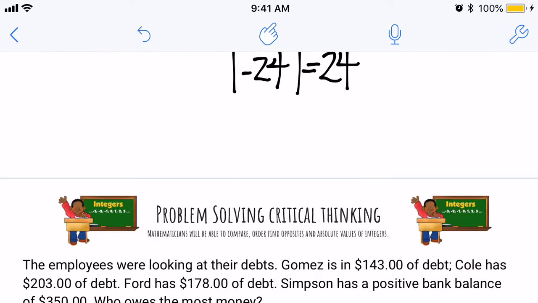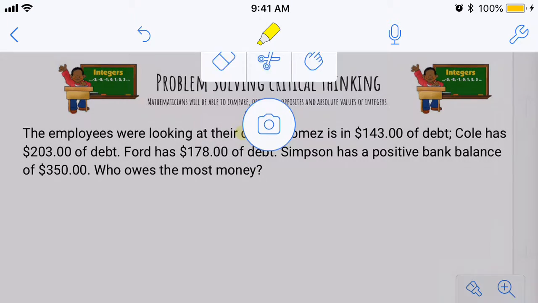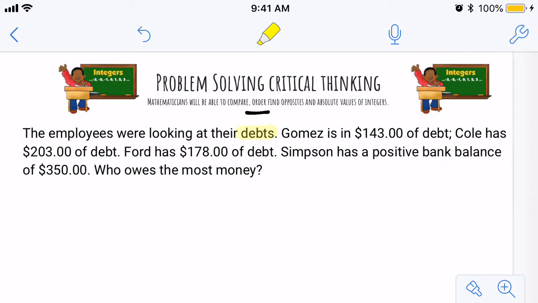Moving on to the next slide, I always include some type of problem solving or critical thinking. So in this particular one, I'm going to highlight as I go through and find all the things that I need to solve the problem. Employees were looking at their debts. Well, debts might be an important word because we need to know that debts means a negative type of value. Gomez is in $143 worth of debt.